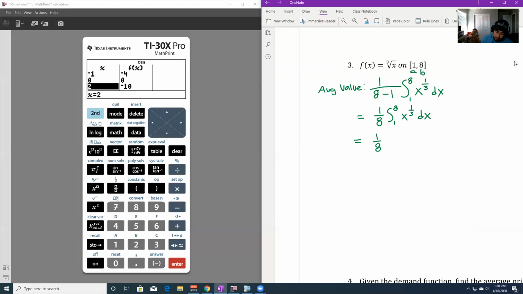And you're going to get x to the 1/3. So you use power rule on this. Since it's a fraction, I'll help you out, right? You get x to the 1/3 plus 1 over 1/3 plus 1. And we are evaluating this from 1 to 8.